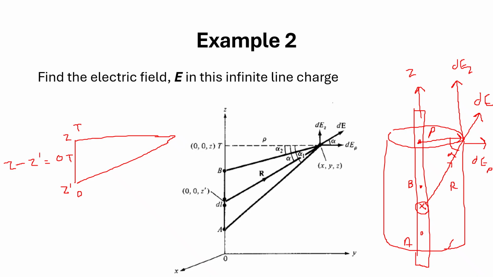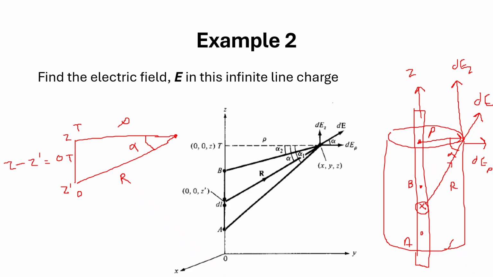And at this point we have rho, and at this point we have R, and the angle here is alpha.